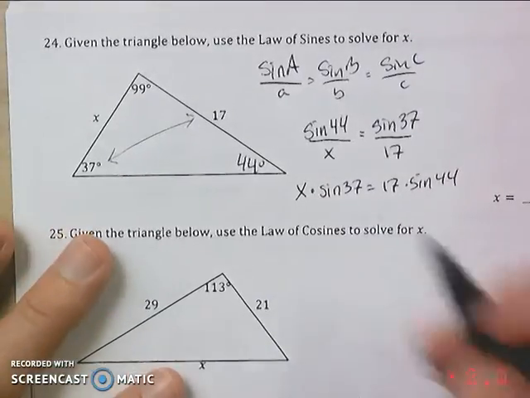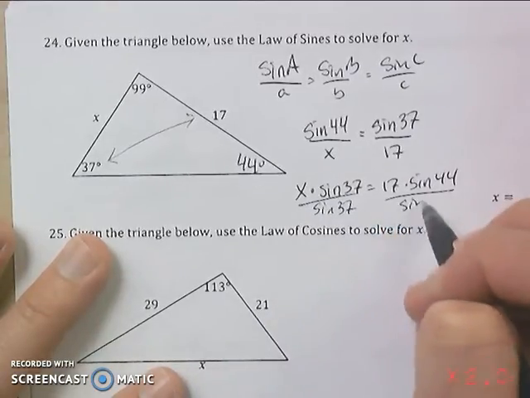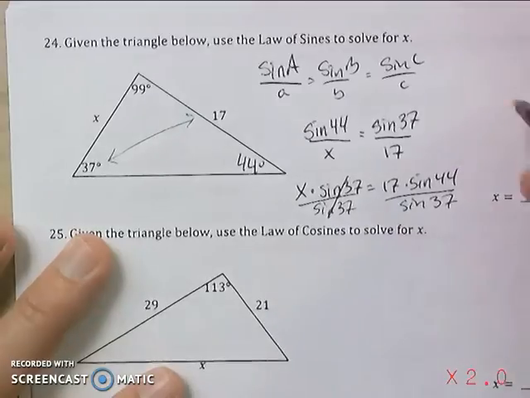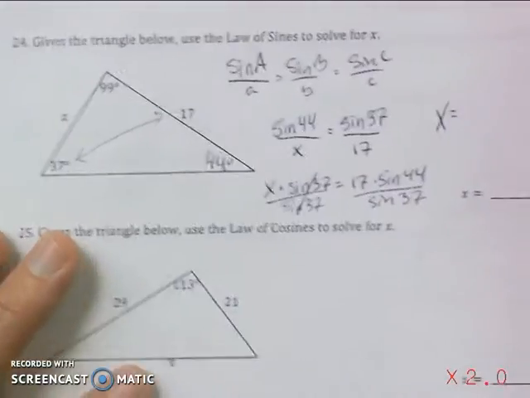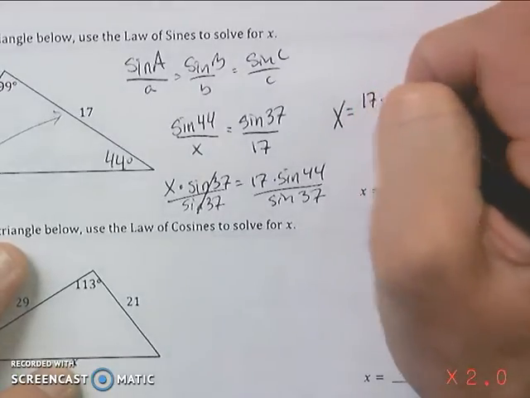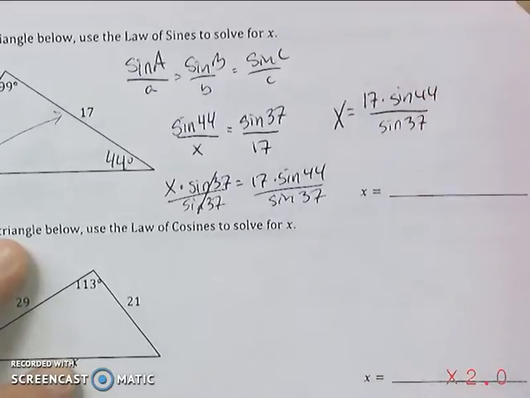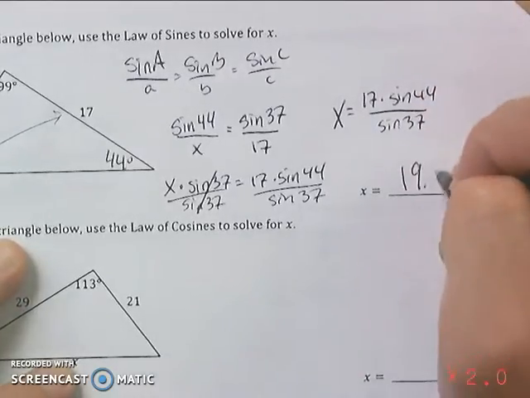Okay, and then we're going to divide by sine of 37 on both sides. So that's gone. So you end up with x equals 17 times sine 44 over sine 37. And if you do this correctly, you're going to get about 19.6.